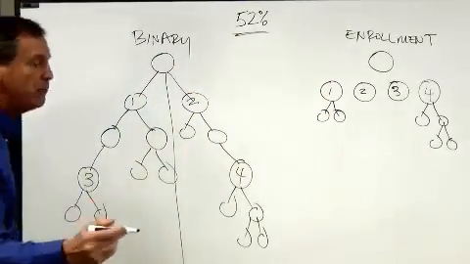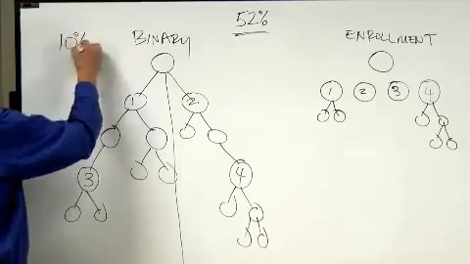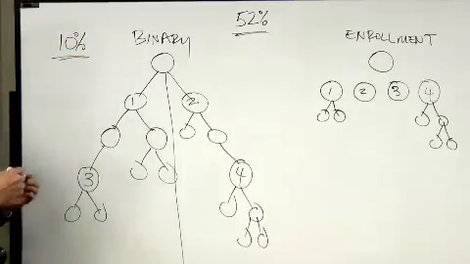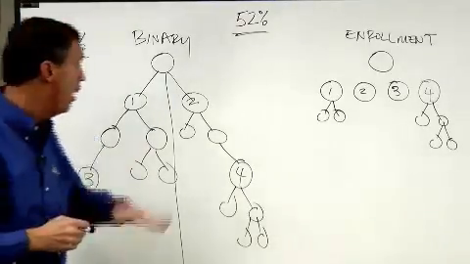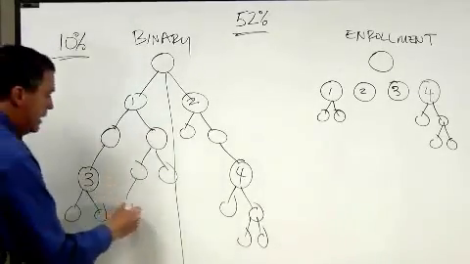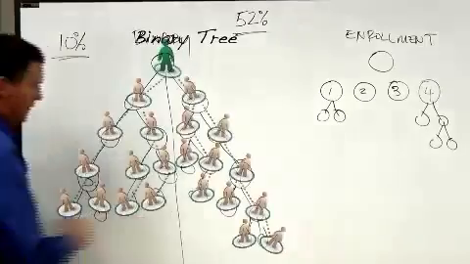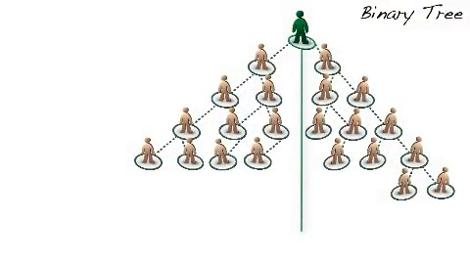The first thing we're going to pay in the commission structure is 10% of the volume of the weaker leg. Now let me give you an example. Let's say after these have expanded out here, this leg over here does $10,000 worth of volume in a given month, and this leg over here does $12,000 worth of volume in a month.